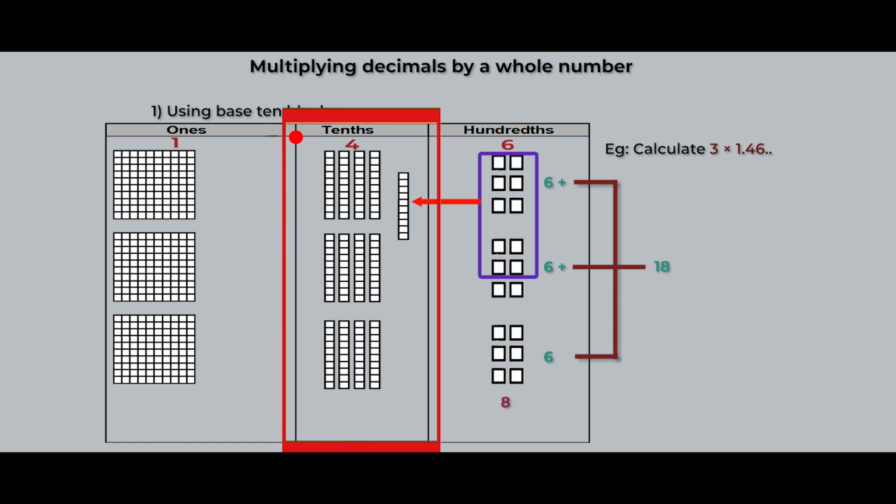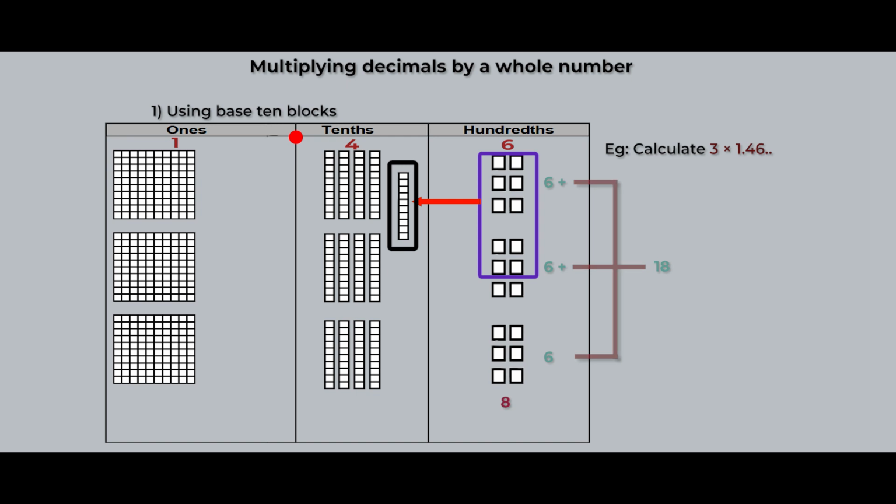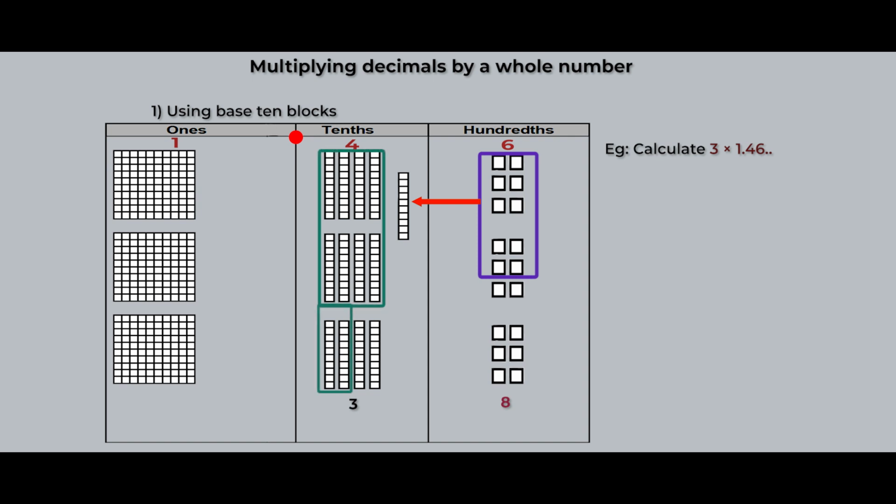Now here we have another extra. Previously we have 4 plus 4 plus 4, you have 12. Now you have one extra here. After regrouping, you got one extra. So that makes 13. And again, you have a 2-digit number here. You will be placing only the 3 tenths here, and you take further 10 tenths to the next column, that is the ones column.